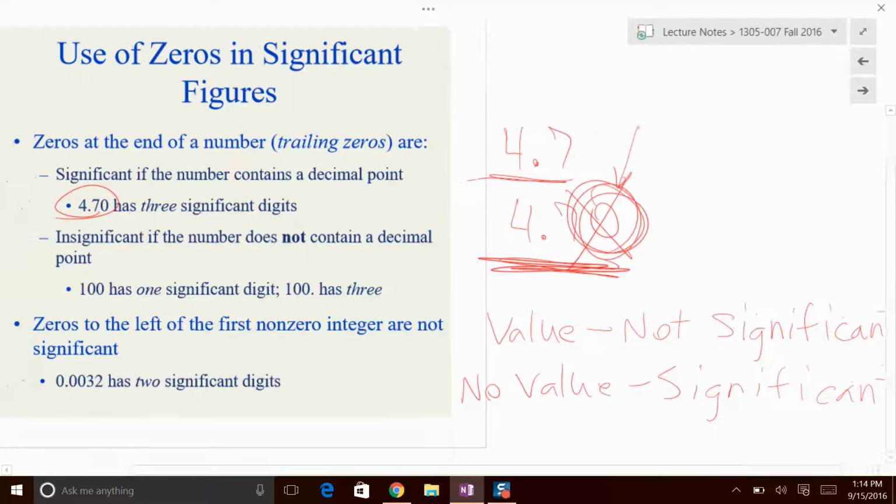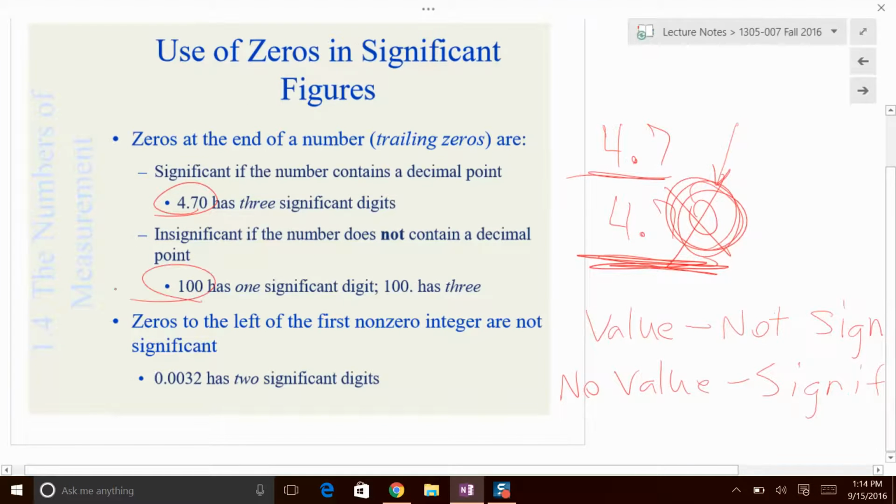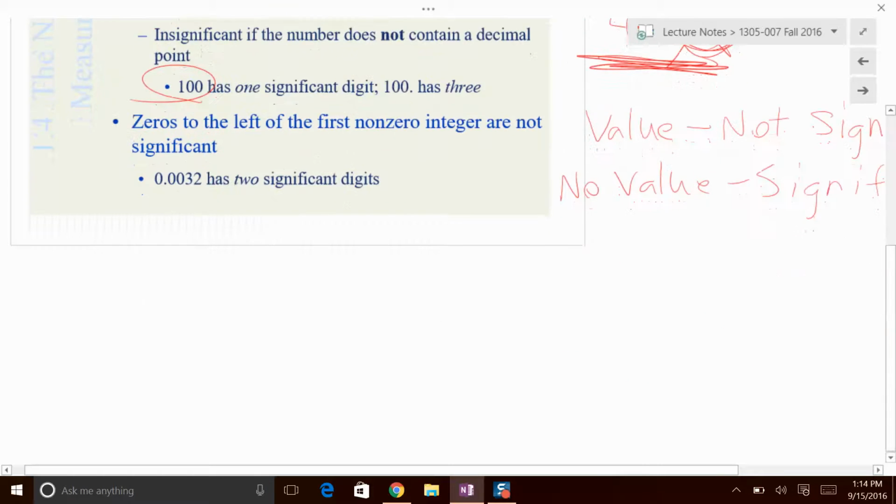Okay? Well, look at number 100 here. The number 100. Do those zeros, if I remove them, will they change the value of the number? Absolutely, right? They're going to change the value of the number.